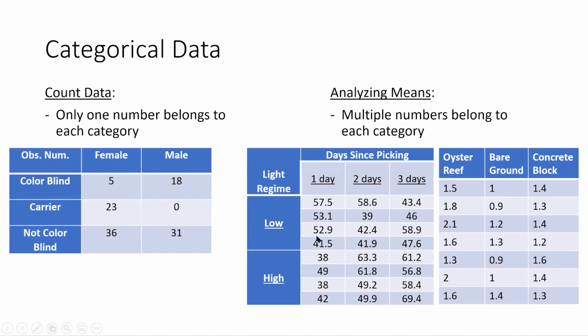We're going to be taking the average of each of these groups and comparing them to each other. Same for over here. We've got 3 groups with continuous numbers in between. This data automatically tells me we're comparing the means between oyster reef, bare ground, and a concrete block to see how much of whatever this is has grown.